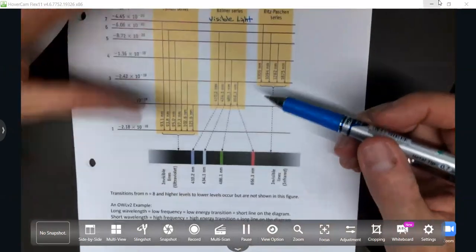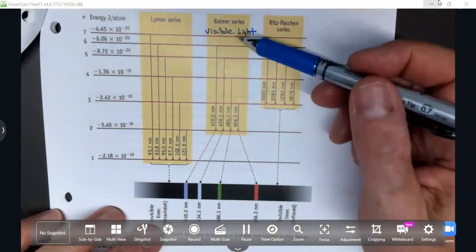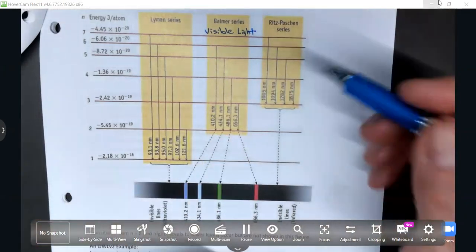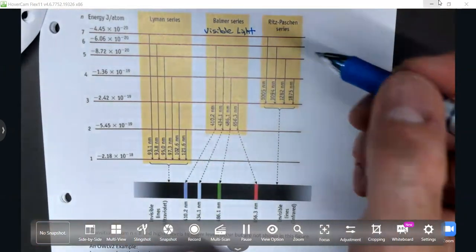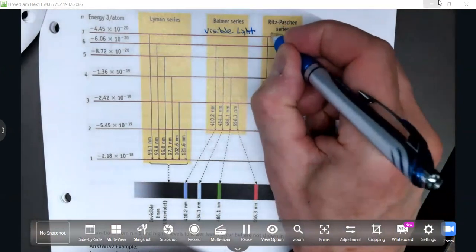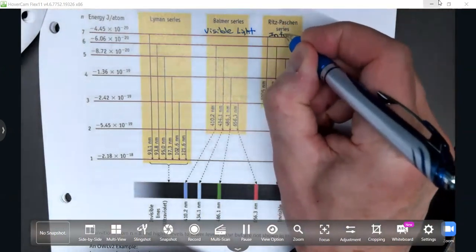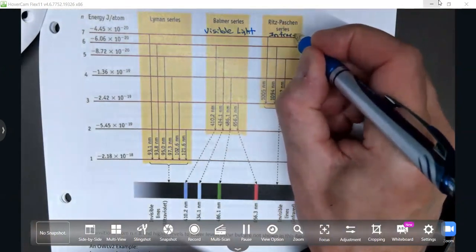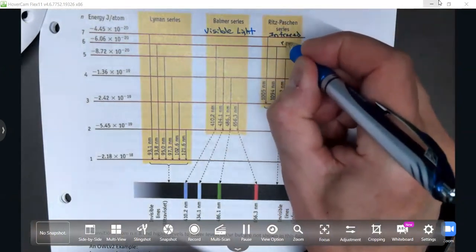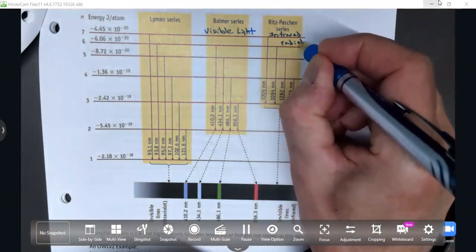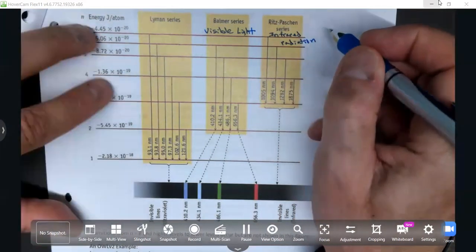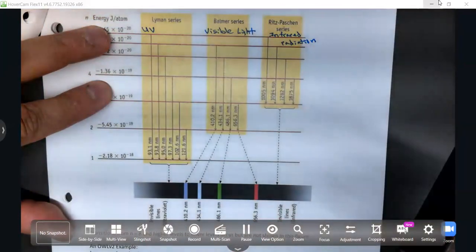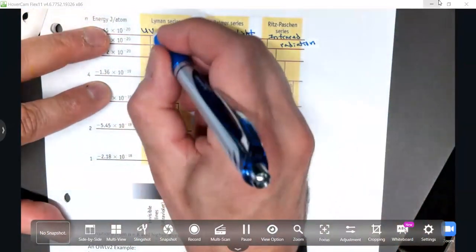So when the electron gets boosted out farther away from the nucleus, comes back down to energy level 2, that's visible light. If it gets boosted out, comes back down to energy level 3, this is infrared. And this is UV over here if it goes to energy level 1.